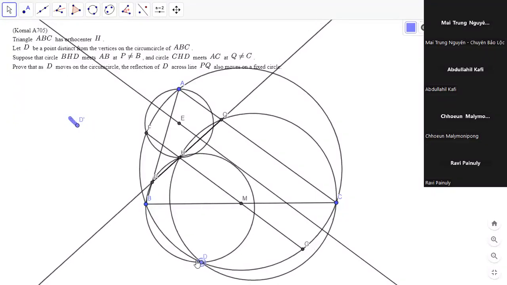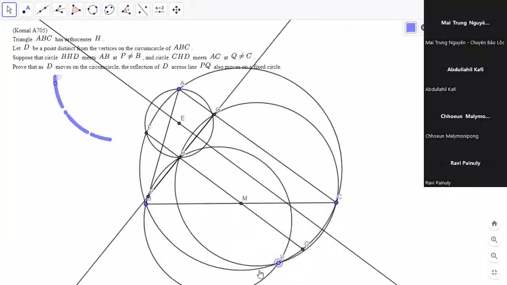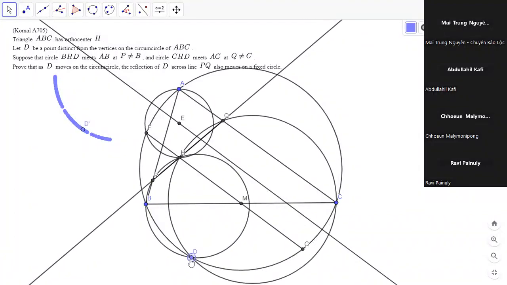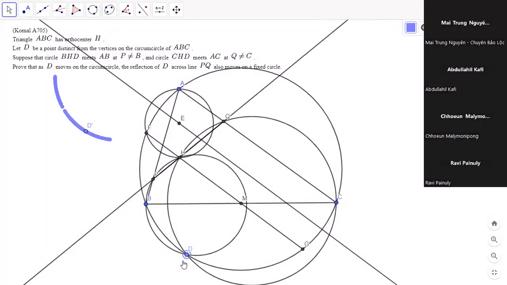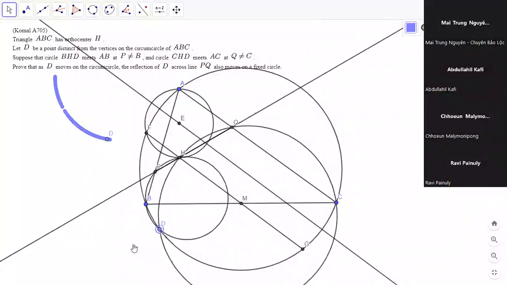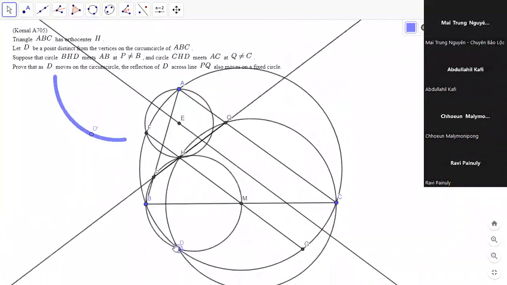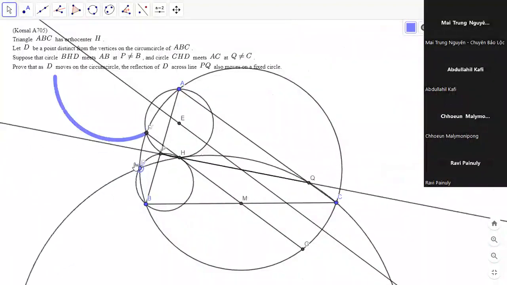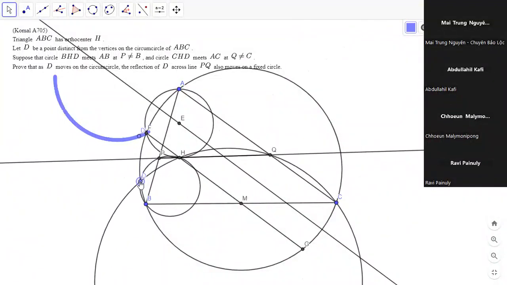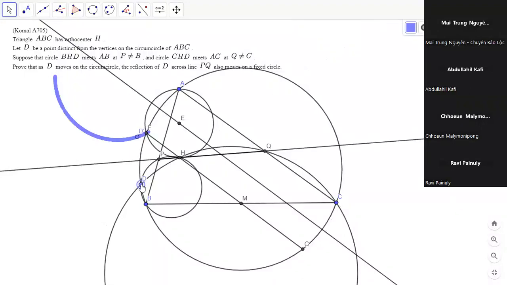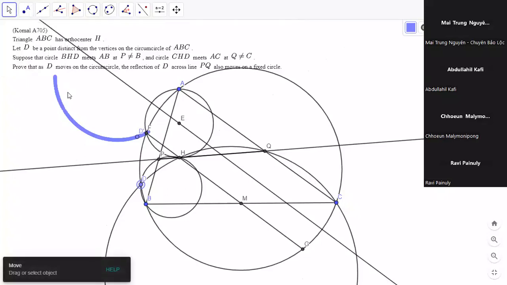So it's DFA prime, D prime FA. Or what's TFA? So yeah, I'm not sure how to draw the locus.